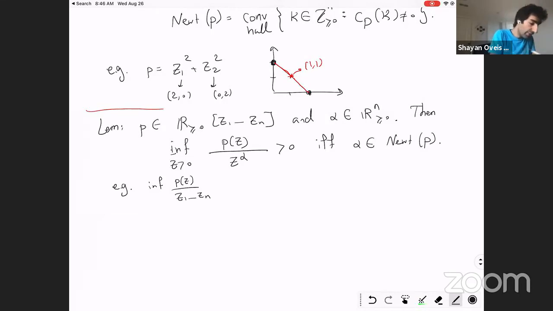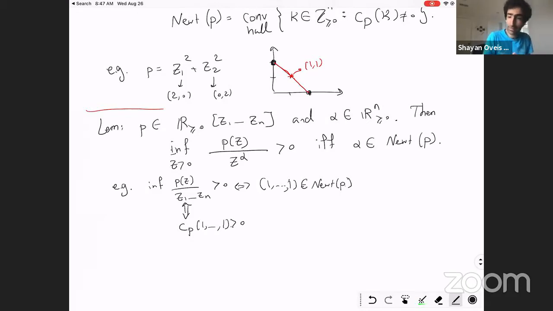So this lemma says that if this infimum is positive, then the point (1, 1, 1, 1, 1) is in the Newton polytope of P. And what Gurvits's theorem said was that this thing is positive if and only if C_p(1, 1, 1, 1, 1) is positive, if P is real stable.